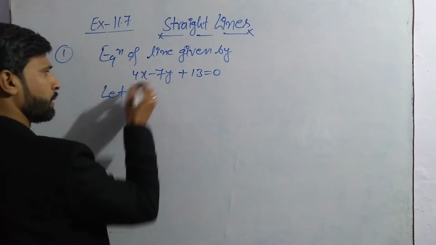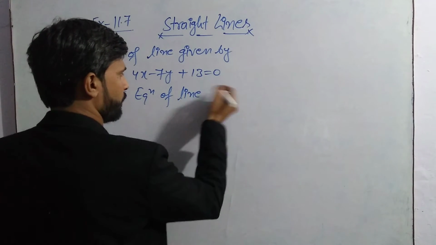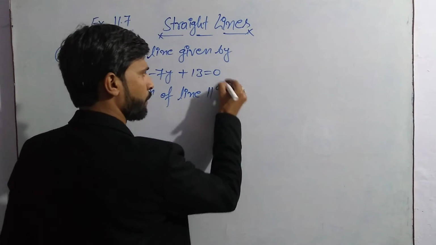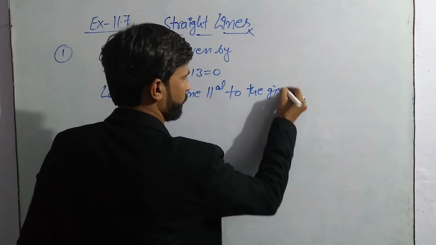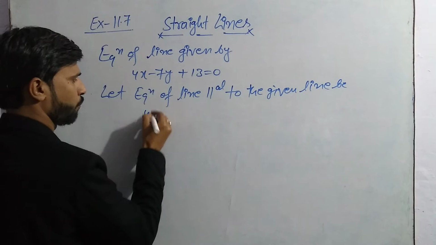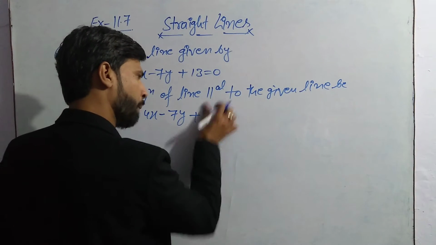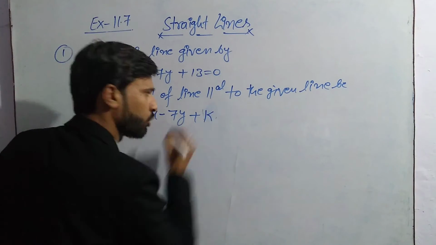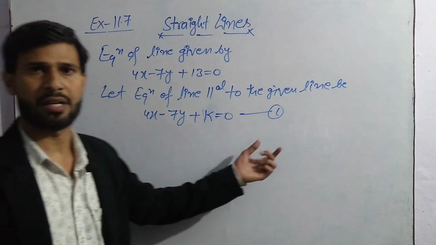Let the equation of the line parallel to the given line be 4x minus 7y plus k is equal to 0. In the place of 13, it means in the place of the constant term, we write another constant k. Let us consider this the first equation.